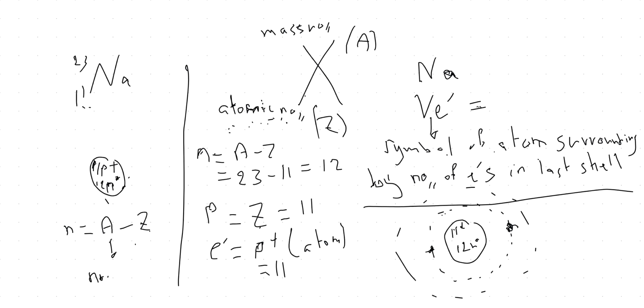It's okay. I said the first shell contains 2 electrons. How much does the second shell contain? It's going to be 8. The first is 2, the second is 8. The third, how much will it contain? 18.